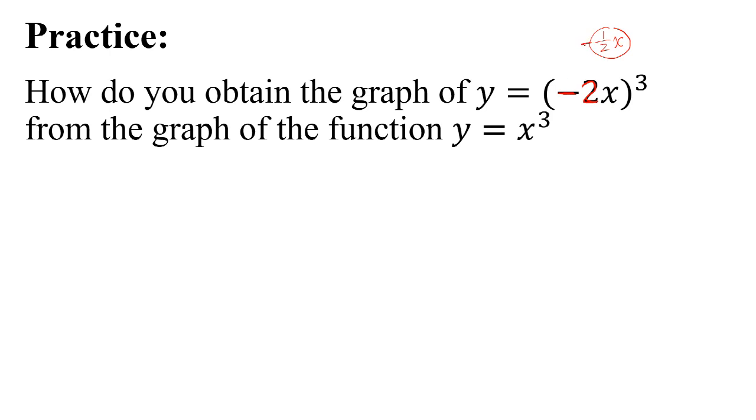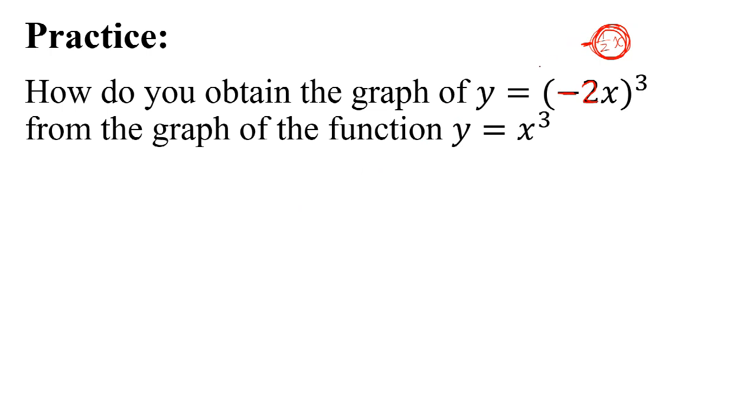So actually, because there is a minus sign here, we need also to put a minus sign, right? So that means first we need to compress the function horizontally by a factor of 1/2, right?